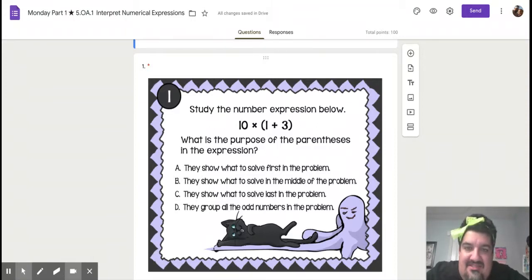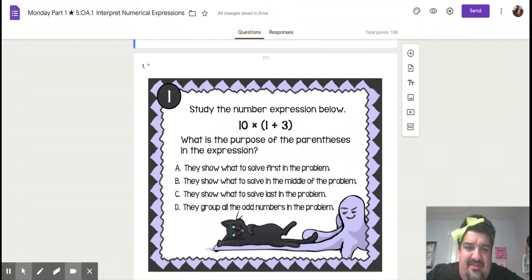All right. It says study the expression below: 10 times (1 plus 3). What is the purpose of the parentheses in the expression? Are they just there to make it look good, like my little bow? No, it's not. They show what to solve first in the problem. That sounds pretty good.